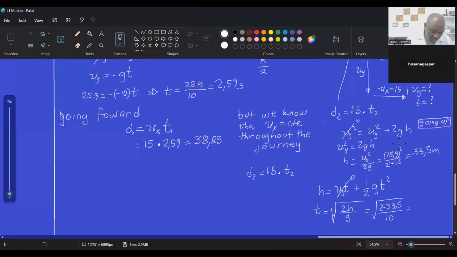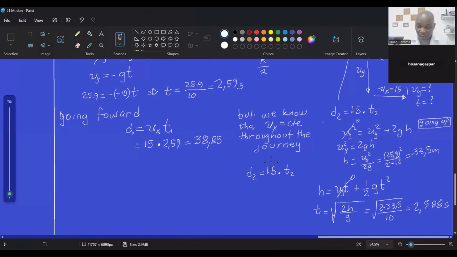But my square root should cover everything, so let me just delete this and find this. So it gives me 6.7. The square root of this answer gives me a time of 2.588 seconds. So in the end, we proved that the time is the same.